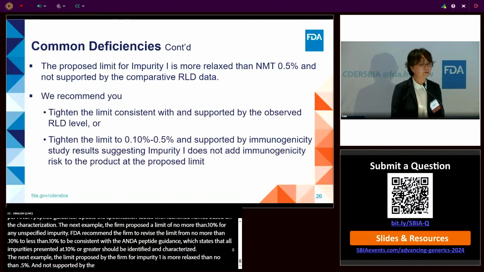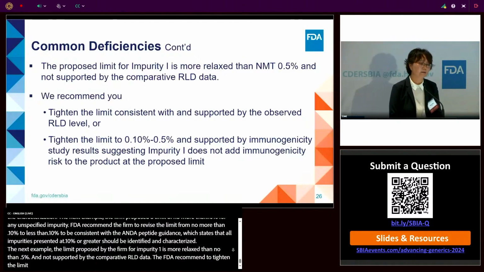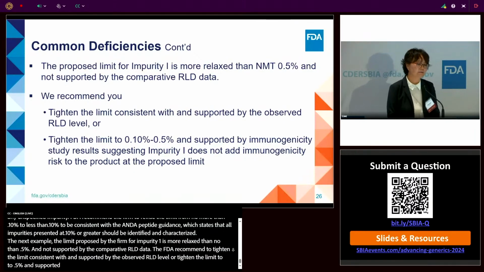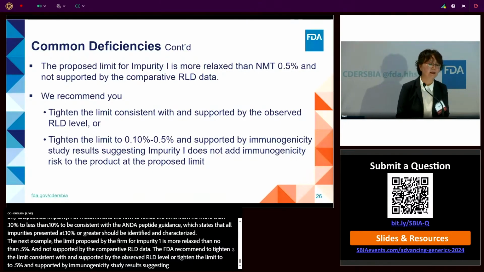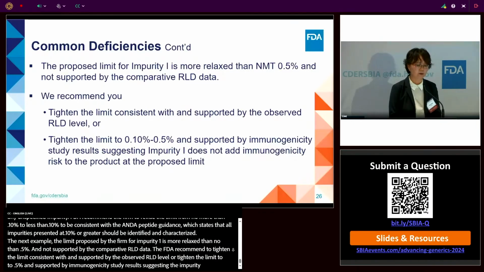FDA recommends the firm tighten the limit consistent with and supported by the observed RLD level, or tighten the limit to 0.10 to 0.5% and support it with immunogenicity study results suggesting impurity 1 does not add immunogenicity risk to the product at the proposed limit.